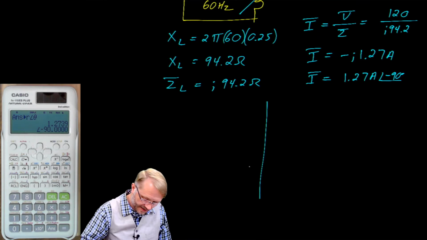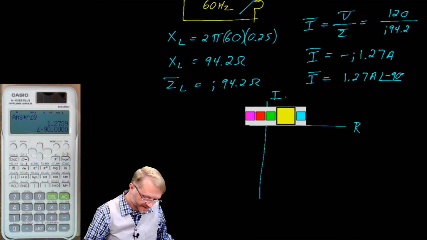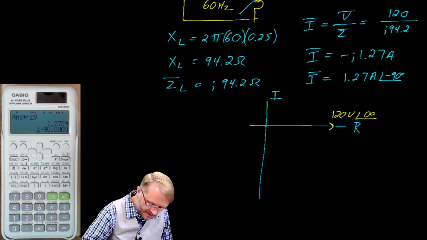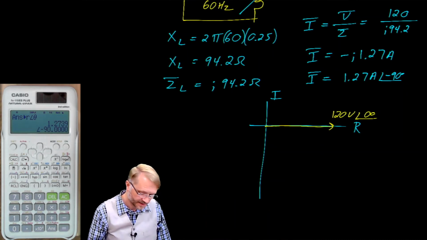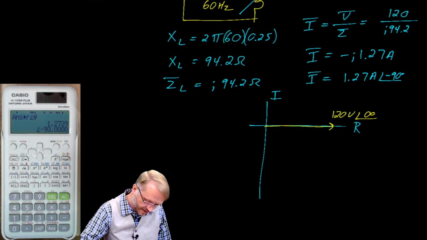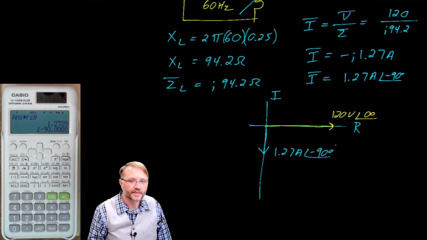If we were to plot that on the real imaginary axis, we would mention a voltage of 120 volts at a phase angle of 0 degrees. That's our source vector. And then we have this current here at 1.27 amps at a phase angle of negative 90 degrees.